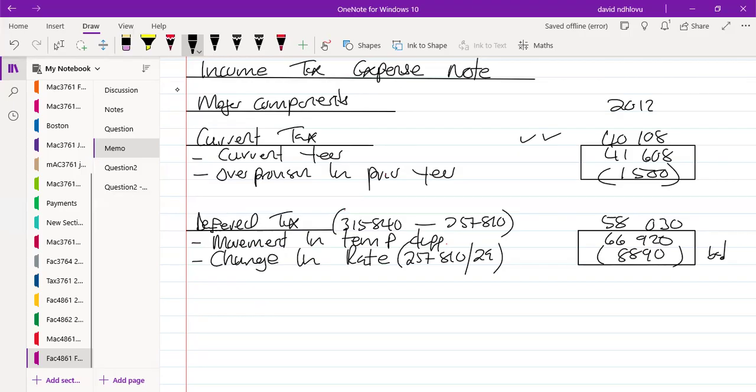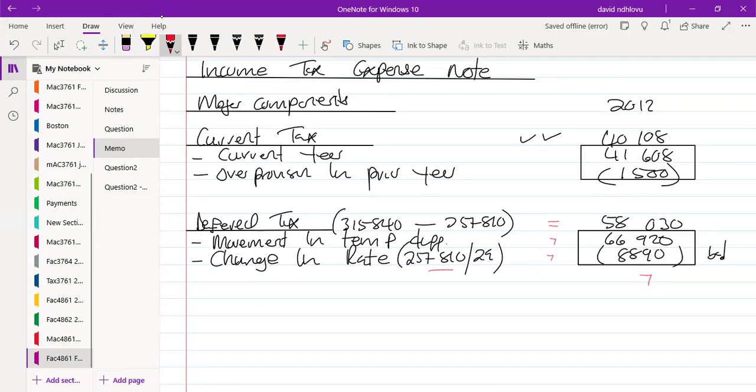This is simple to say the deferred tax balance from the previous year fell by 1%. So 257,810 divided by 29, it will give you that amount. A reduction in deferred tax is income. That is why we are deducting it from that figure to get that amount.